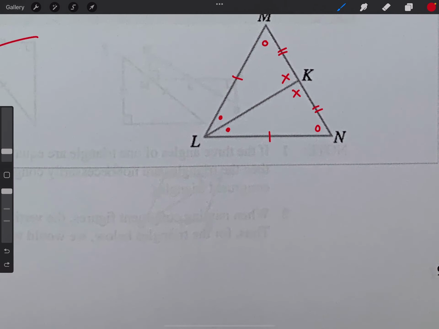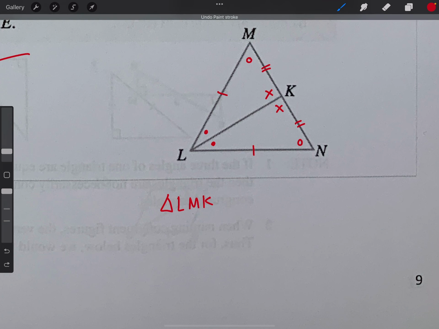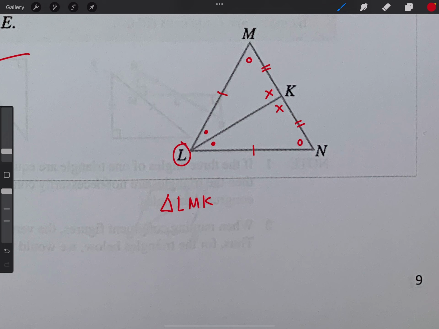So now let's write the expression. We can say triangle. You can label whatever triangle however you want. I'm gonna say this triangle here, LMK. So I start from L. Now I'm gonna say it's congruent to triangle.